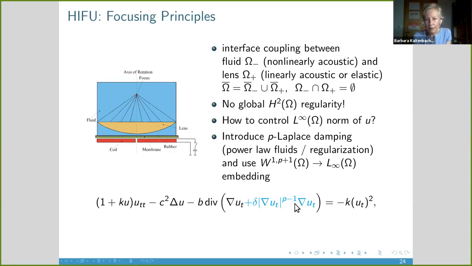It's clear if you have P larger than 1, then this gives us higher regularity after appropriate multiplication. For instance, you might easily guess that we would multiply with ut here. And so then one can get energy estimates that give boundedness in the W1 P+1 norm. So if P is sufficiently large, this embeds into L infinity of omega again.